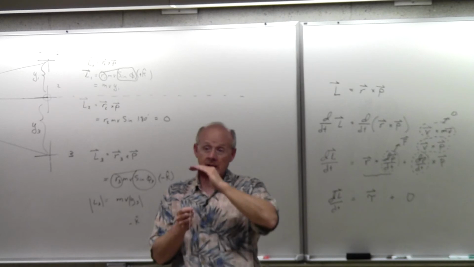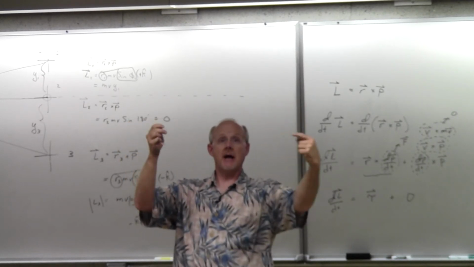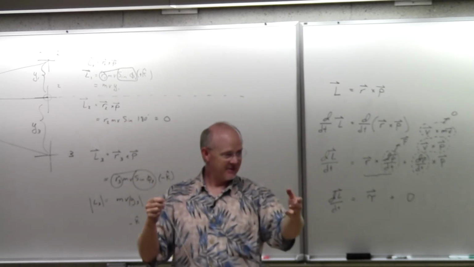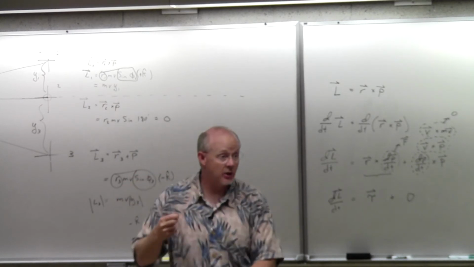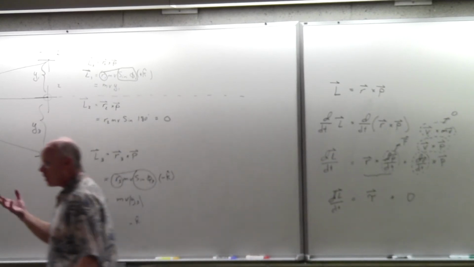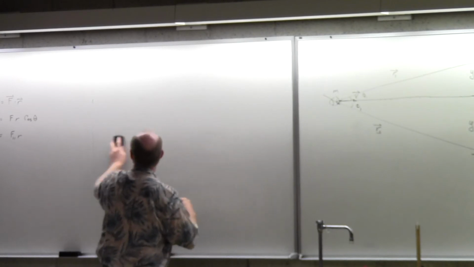As it's going this way, I'm pulling it that way. How much torque is that? Zero, because the angle between R and F is either 0 or 180 degrees. Maybe I should draw a picture here. But the point is I can have a force on it and yet still not have a torque.